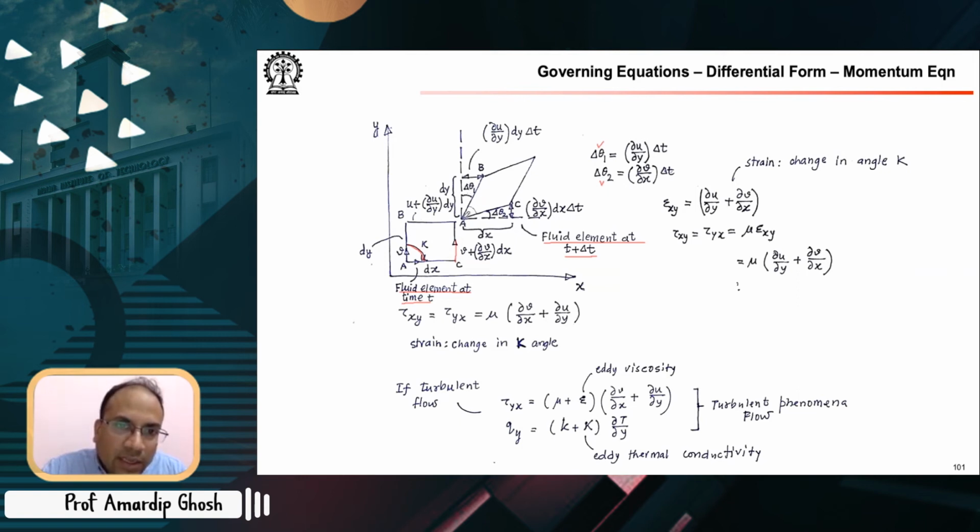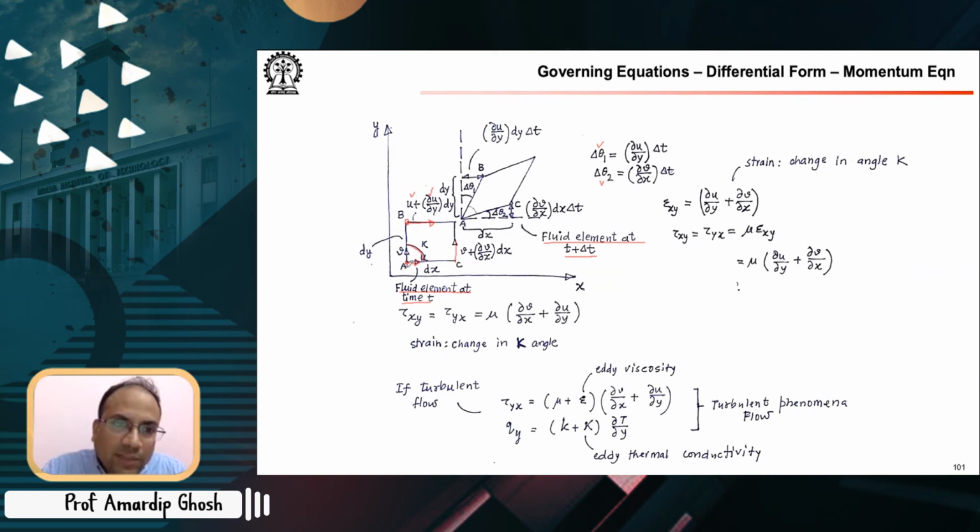If this point has a velocity of u, in the same spirit as we have done several times in other problems, the x component of this is u plus the rate at which u is changing in this direction multiplied by the extent over which the change actually happens. So if the x component of velocity of A is u, then the x component of velocity at B is u plus dou u dou y into dy.